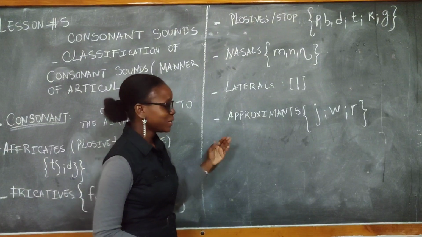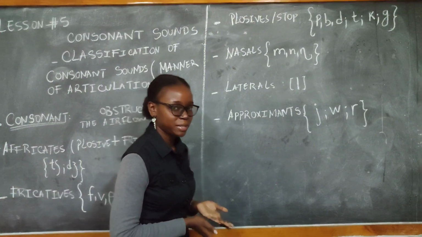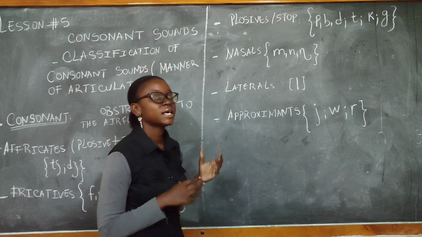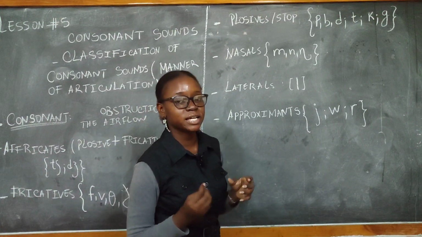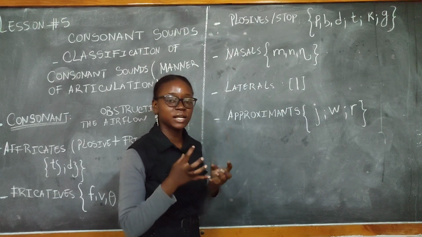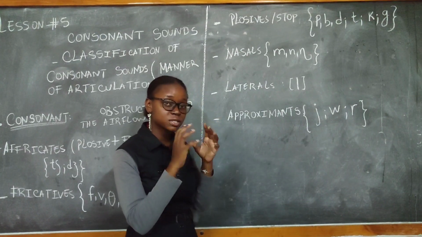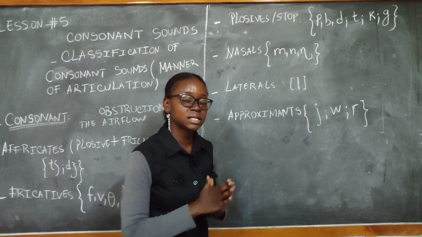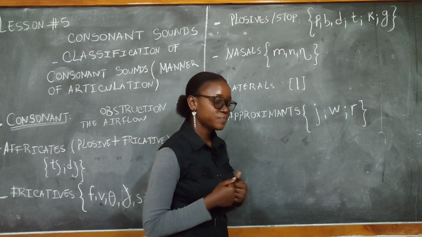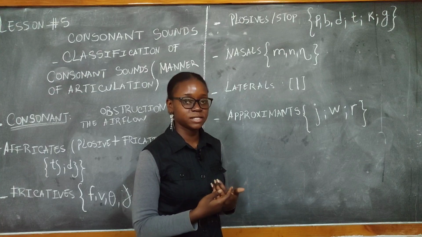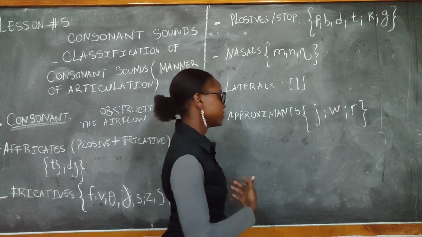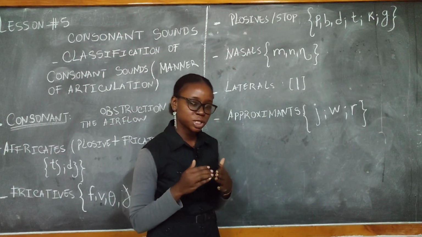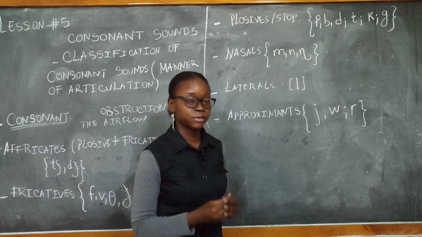And finally, we find the approximants. Why do we call them approximants? Because we cause the articulators to come close to each other. But in this case, we don't create the friction effect that we create in the fricatives or affricates. Here, we bring them close to each other, but without friction.